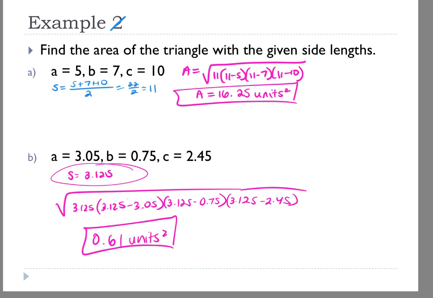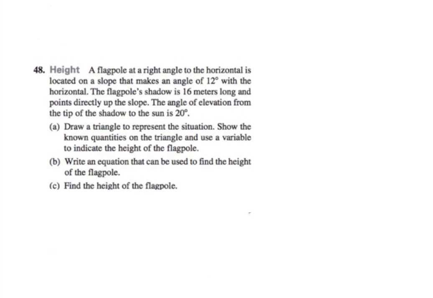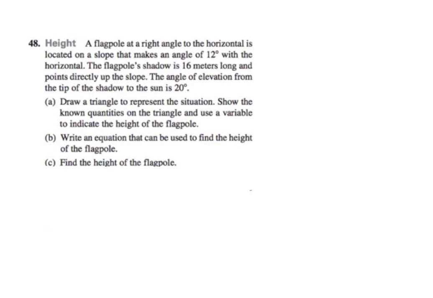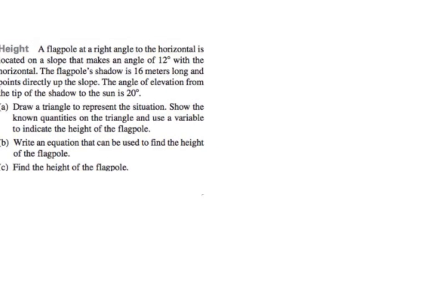All right, so let's go to the word problems from yesterday's assignment, specifically 48. It said a flagpole is at a right angle to the horizontal, located on a slope that makes an angle of 12 degrees with the horizontal. So you're talking about something like sloped ground. If I had drawn the horizontal and then I drew my flagpole, I don't care which way the flag goes.